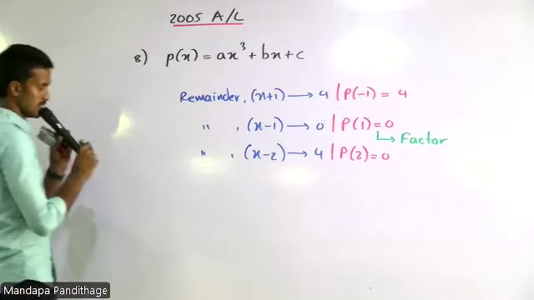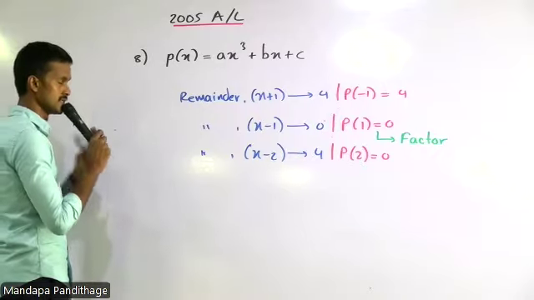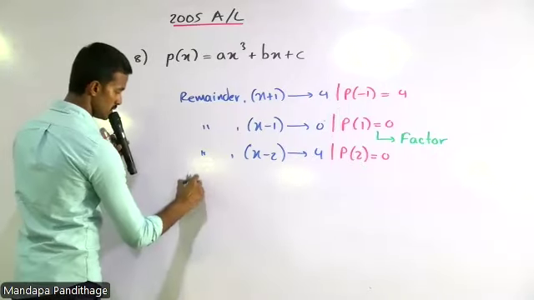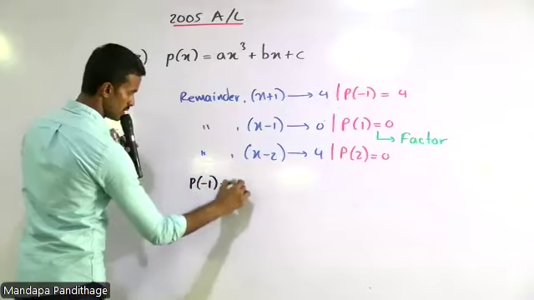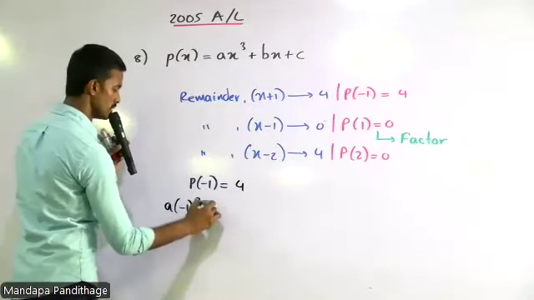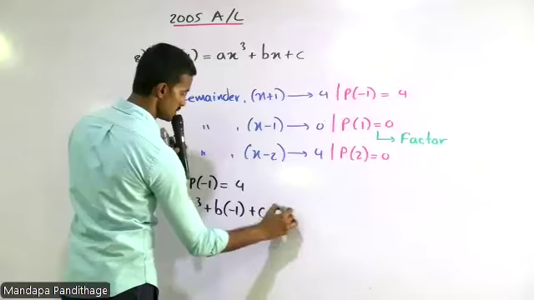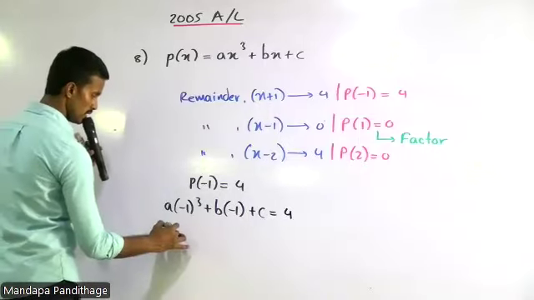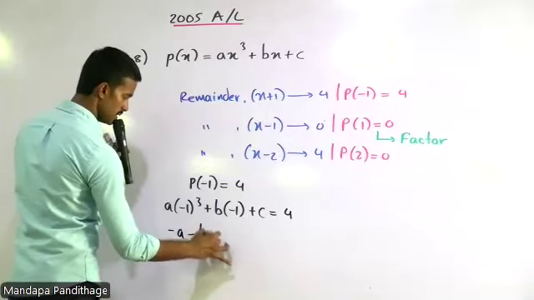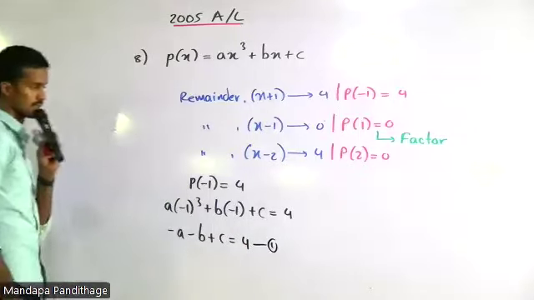I'll consider P(-1) equal to 4. So a into (-1) cubed, b into (-1) plus c is equal to 4. Minus a minus b plus c is equal to 4. This is the first equation.